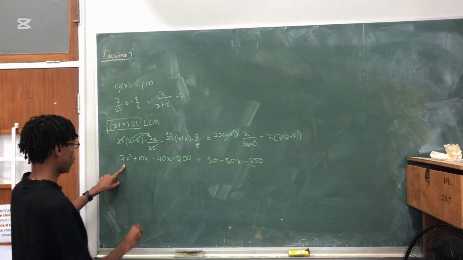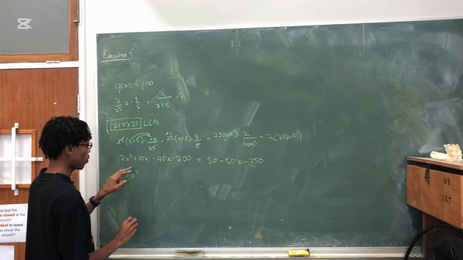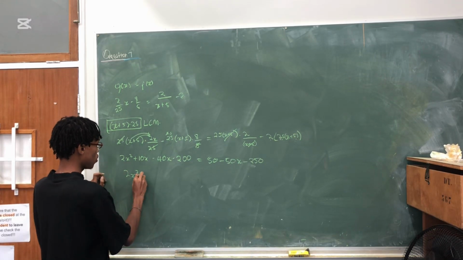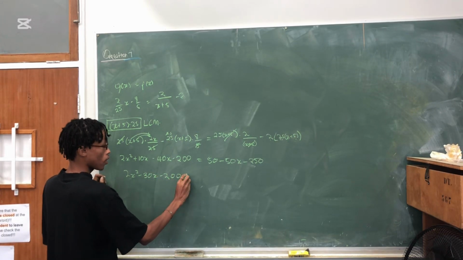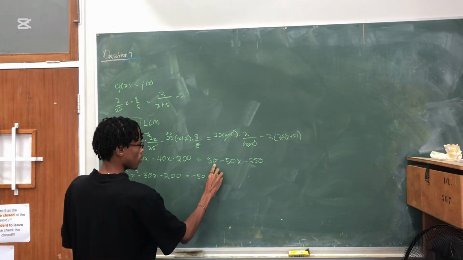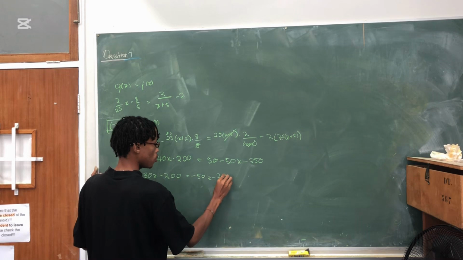So we have our 2x squared plus 10x minus 40x, that's going to be -30x minus 200, is equal to -50x. 50 minus 250, that's going to be -200.